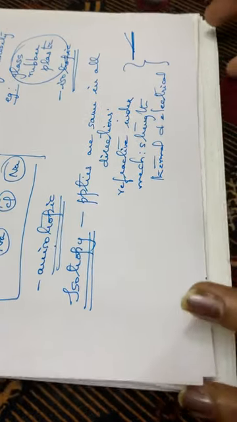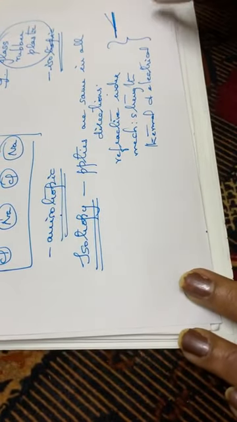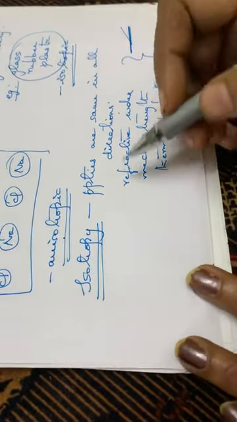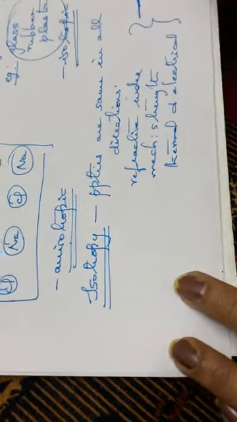Then the next one, the anisotropic substances. Isotropic means it will be exhibited by these amorphous substances.